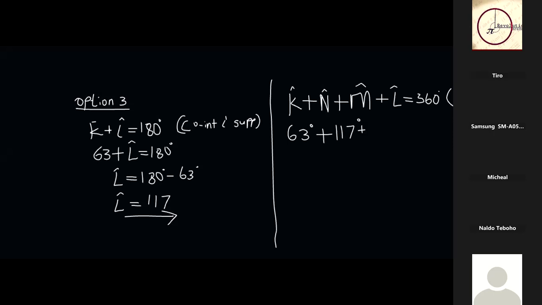Let's add on the left-hand side of the equal sign: 63 plus 117 plus 63. What do you get, guys?